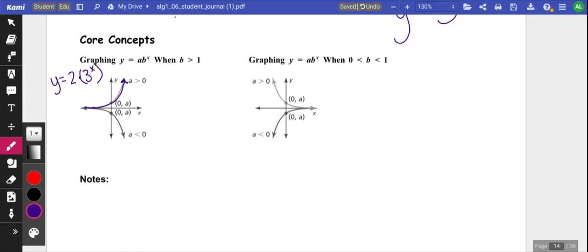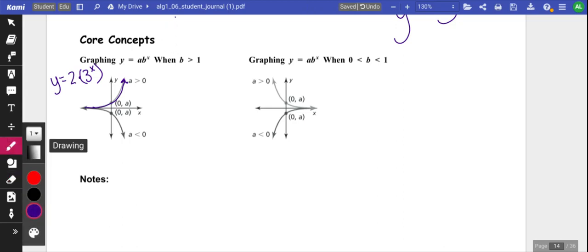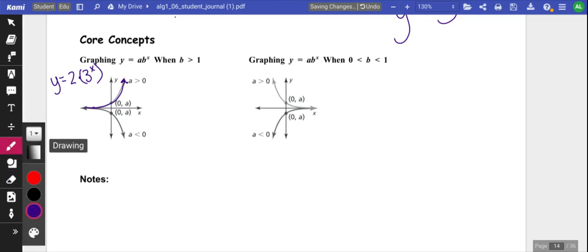Notice that it's a times b to the x. It's not ab all to the x. I'll either write it like this. It's a times b to the x.